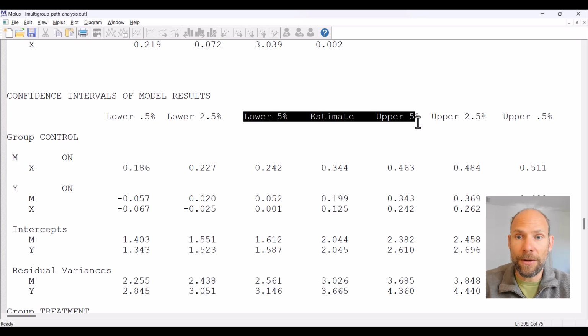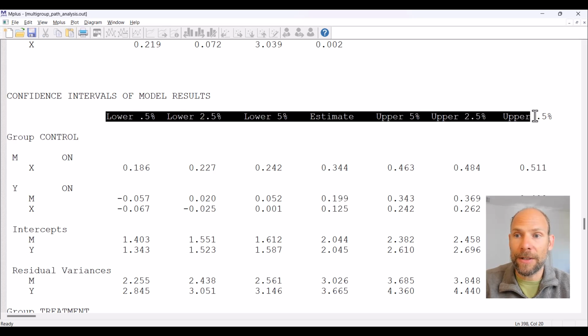and so Mplus provides a 90% confidence interval, which you would find here under lower 5% and upper 5%, and then a 95% confidence interval, which you find under lower 2.5% and upper 2.5%, as well as a 99% confidence interval, the limits of which you can find under lower 0.5% and upper 0.5%.